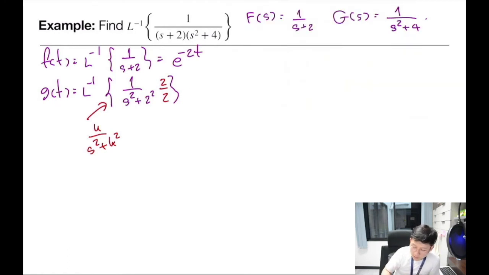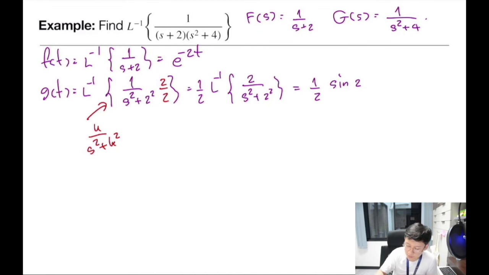So I would get 1/2 L inverse of 2 divided by s squared plus 2 squared. And that is actually 1/2 sine 2t, my bad, sorry. Sine 2t. Okay, that would be 1/2 sine 2t.